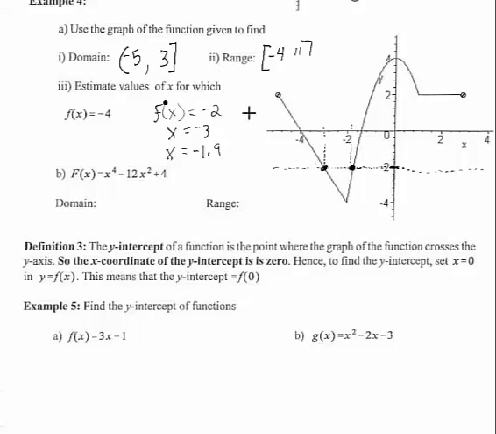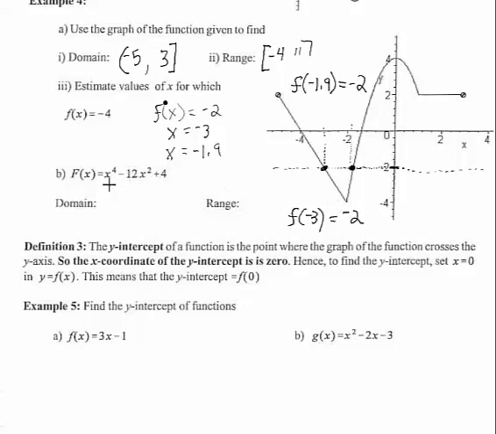So in other words, if I calculate or read from my graph f of -1.9, I will get -2. If instead I use -3, f of -3, I will once again read -2 for my y coordinate.